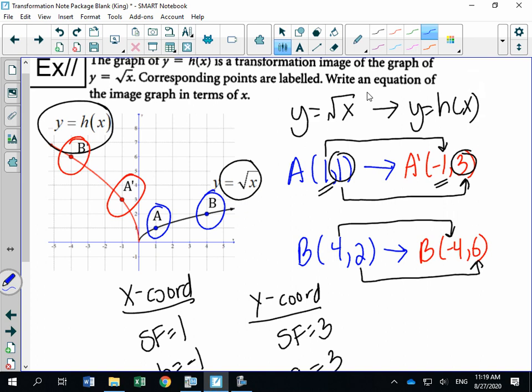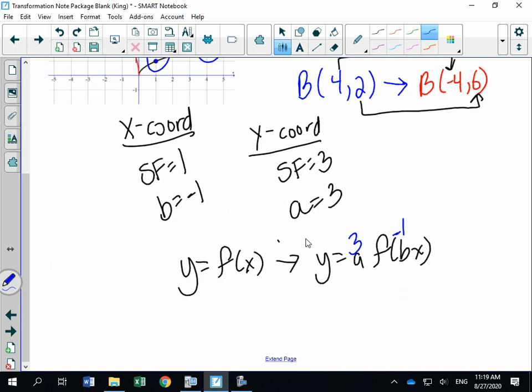They said our original function is y equals the square root of x. And if they want our a value to be 3, it's going to be 3 root -x. Oops, actually, let me just clean that up.